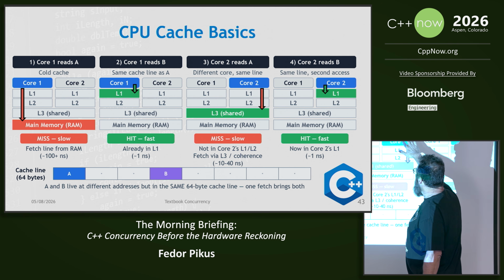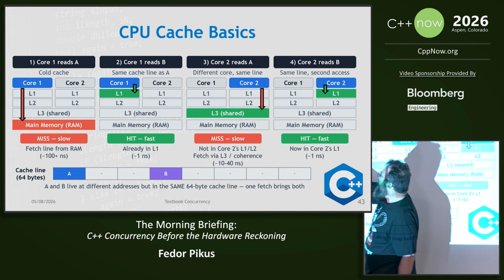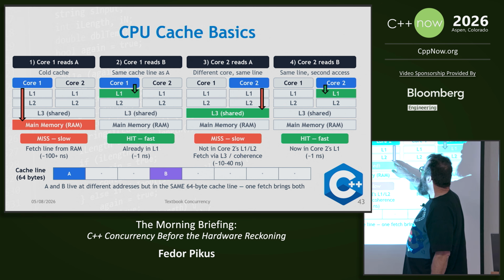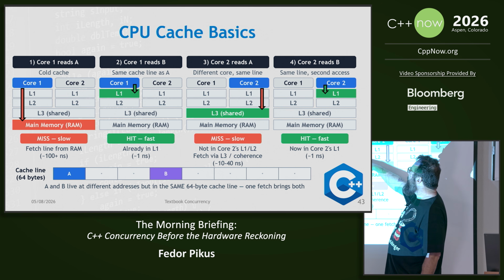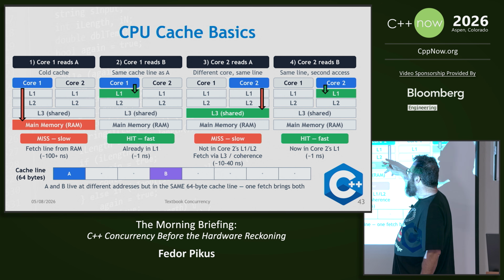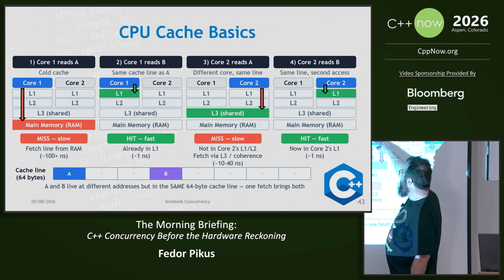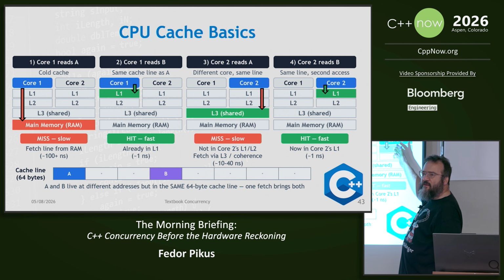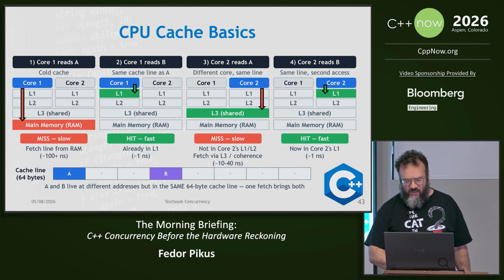Now core 2 wants to read A. It's actually over there, which is not shared. So you have to traffic that cache line through the nearest shared level of cache and make it into this core's L1. Now the second read is fast. So this is the bouncing of cache lines between cores.